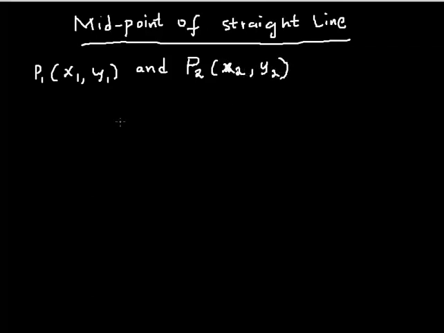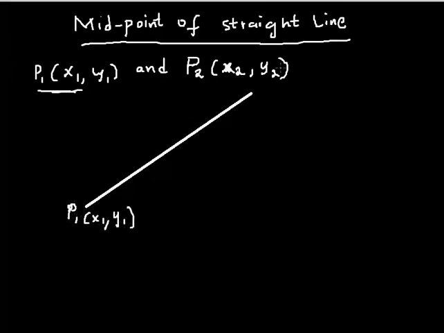So these are the coordinates of the two extreme points, okay, the two extremes of the line. So of course this is P1 of x1 comma y1, right? P2 of x2 comma y2.